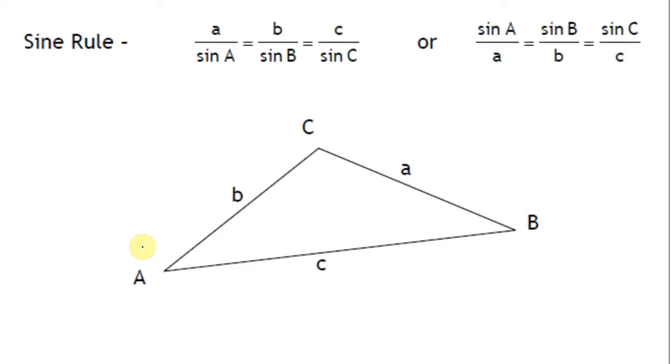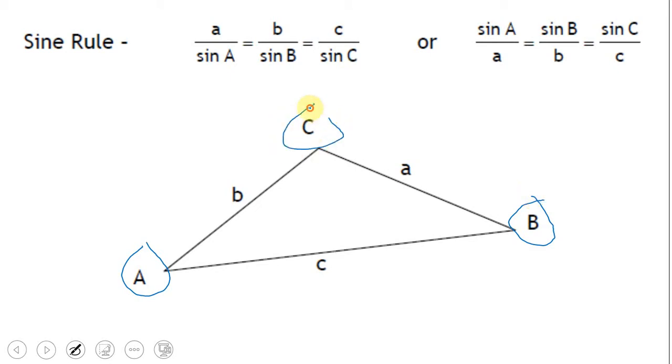Now there are two versions of the sine rule, but fundamentally they are equivalent. If you've got a little a as a side and the capital A being the angle opposite, little b being a side and capital B being the angle opposite that, and little c and capital C being the angle opposite that, then little a over sine A equals little b over sine B equals little c over sine C, or equivalently, sine A over little a equals sine B over little b equals sine C over little c.